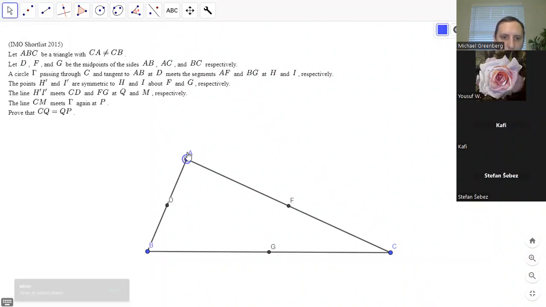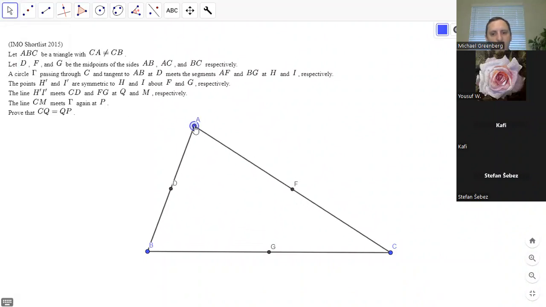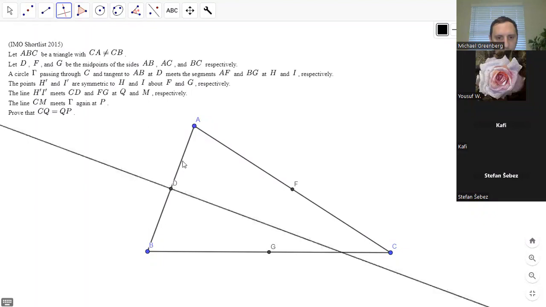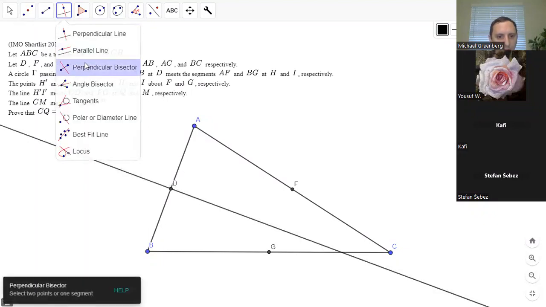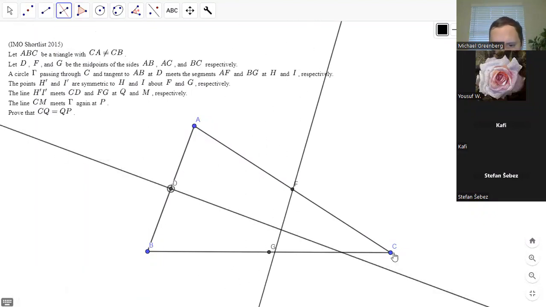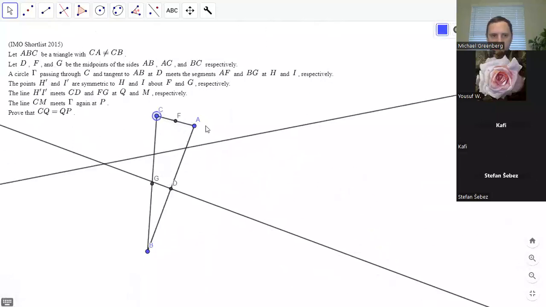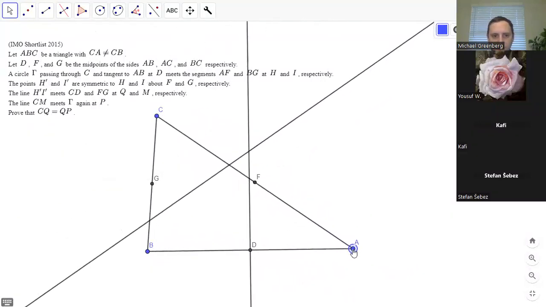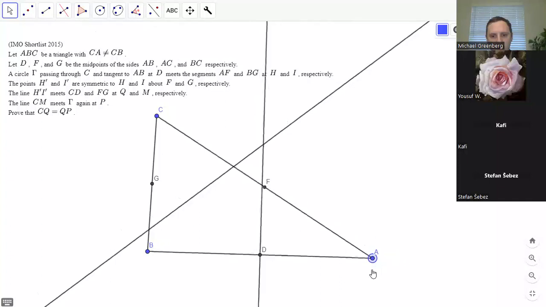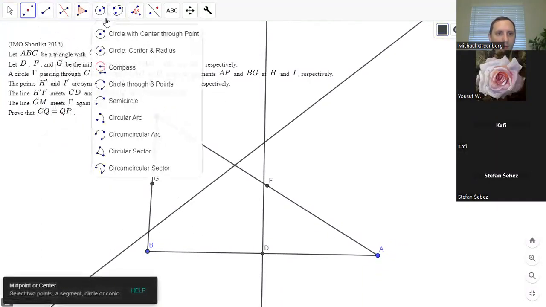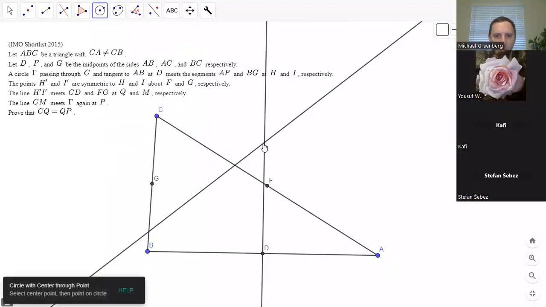Okay, so we'd want to do this. Point C should be on the top in this problem. So we would have this circle.